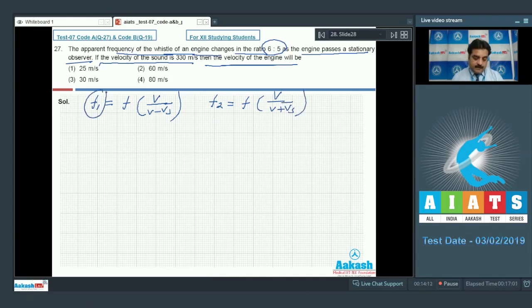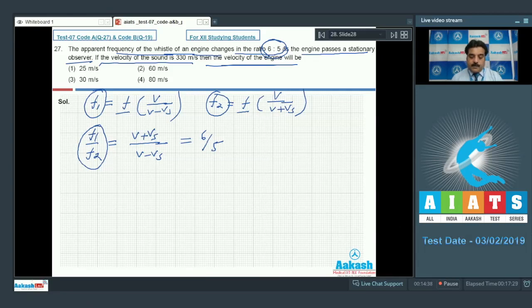If I divide situation 1 by situation 2, we get F1 upon F2; f will cancel out, V will cancel out. So you have only V plus Vs upon V minus Vs, and this value is given in the question as 6/5. So this is the final expression.